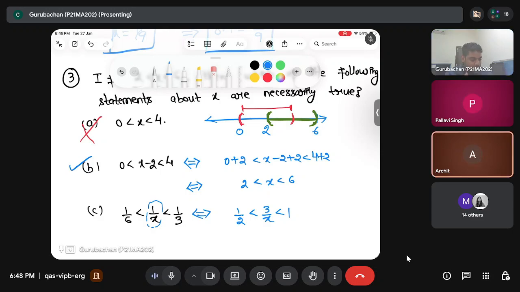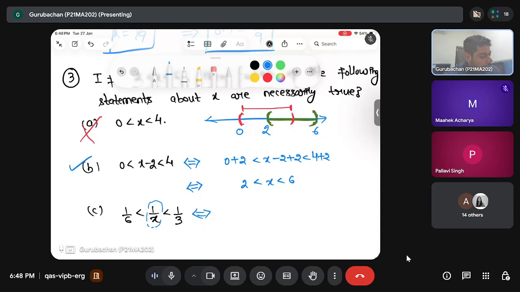Reciprocal, yes. In case of reciprocal, if you remember, these are all positive numbers, so the inequality will reverse. When you take the reciprocal, it will be 3 less than x less than 6.